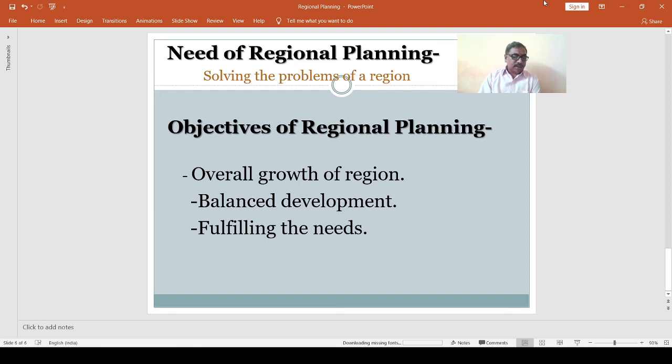Then the required needs are to be fulfilled while planning. It means that what things are required, these are to be fulfilled while planning. In this way, there is a possibility of development of a region.